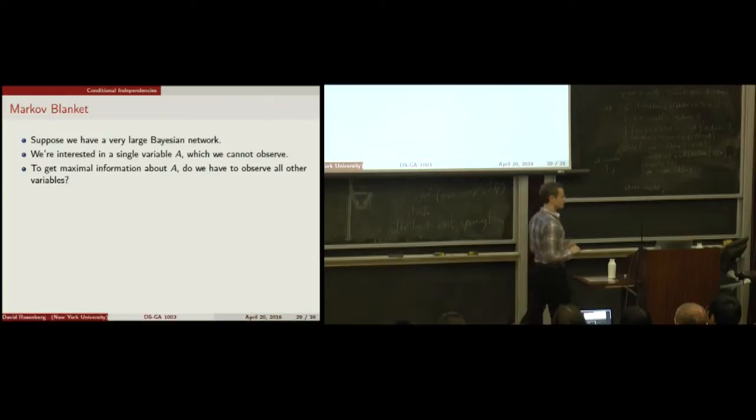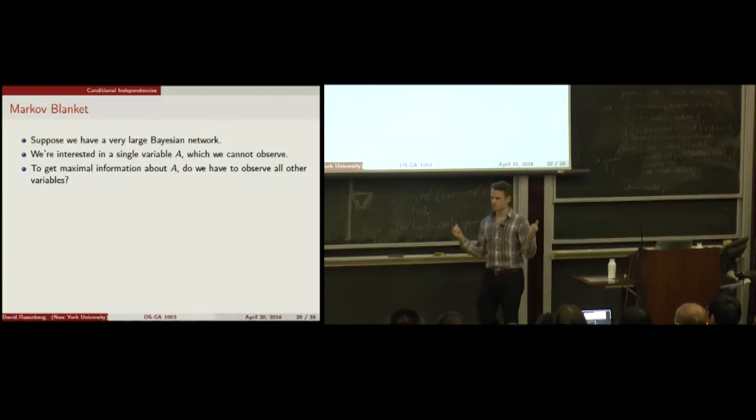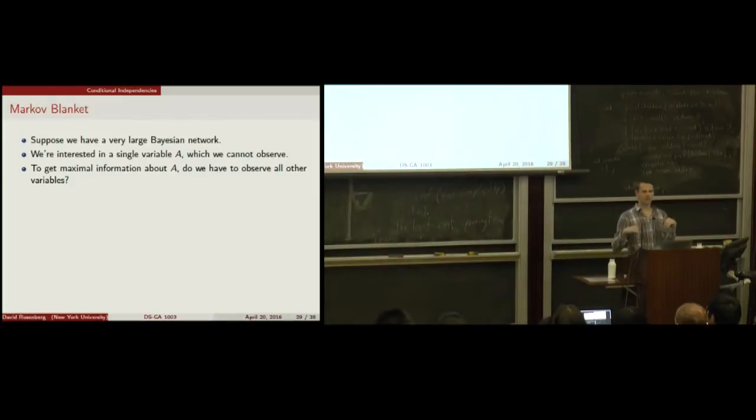If we want to get the most possible information about A, do we have to observe all the variables in the graph? What we've already started to see is the answer is no, right? Because there are these conditional independence relations. After you observe certain things, other things become irrelevant. You get no new information. So the question is, what would be the minimal number of nodes we can observe to get the maximum amount of information possible so that we don't have to observe anything more? Is that a clear idea?